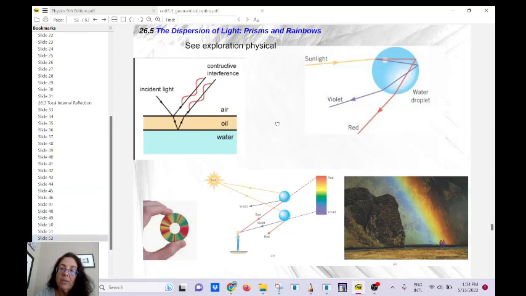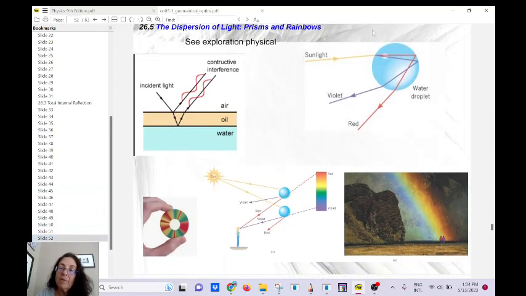Okay, so we can also explain that phenomenon when the refraction depends on the wavelength. It is also why we have rainbows. Because a water droplet will be like a prism, right? So you have blue here and you have red.